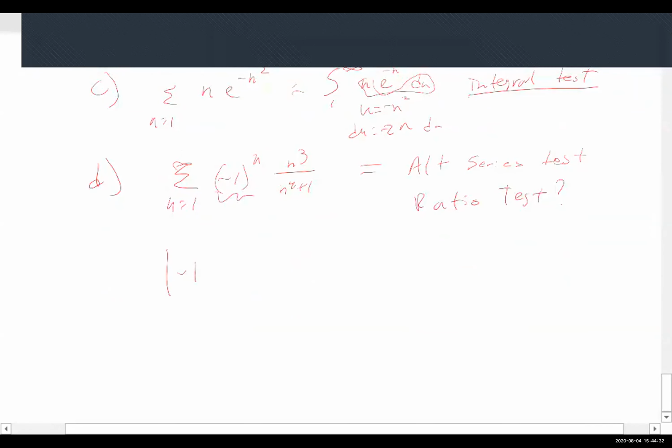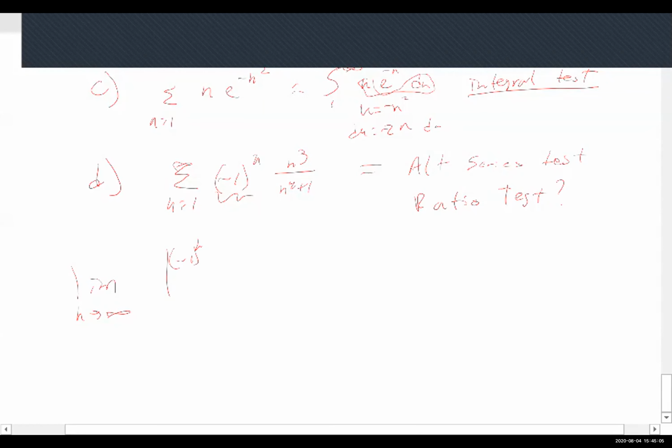Is the absolute value of -1 to the nth of n cubed over n to the fourth plus 1, is that going to give me my desired result here? Okay, so I want the absolute value of this thing. Oh, wait. Here, this is what I want to do. Let's do a ratio test on this. The limit as n goes to infinity of a sub n plus 1.